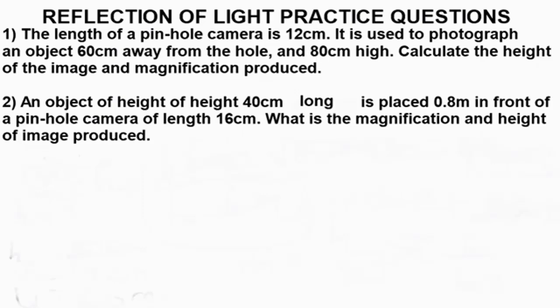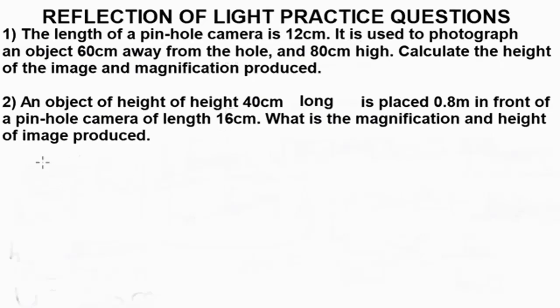Okay, so the question 1 I have here says the length of a pinhole camera is 12 cm. It is used to photograph an object 60 cm away from the hole and 80 cm high. Calculate the height of the image and magnification produced.